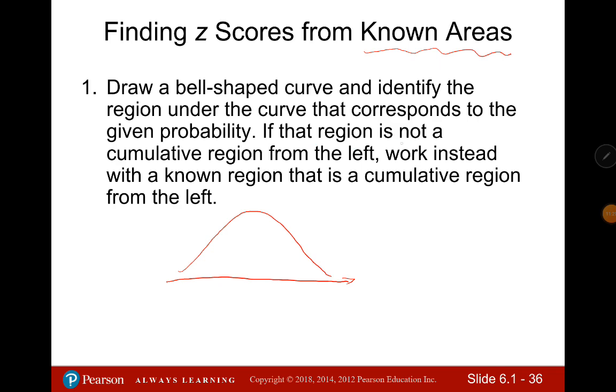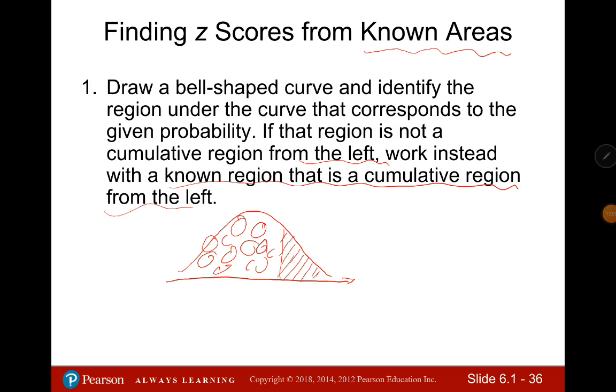If it's not a region from the left, we should work on the known region that is cumulative from the left. What does that mean? If in the first step we know we focus on the area cumulative to the right side, which means this is not the region from the left, we cannot directly work on this part. We should work on this part. How can we get the area of the left side?